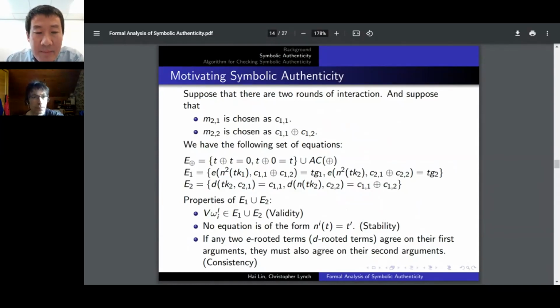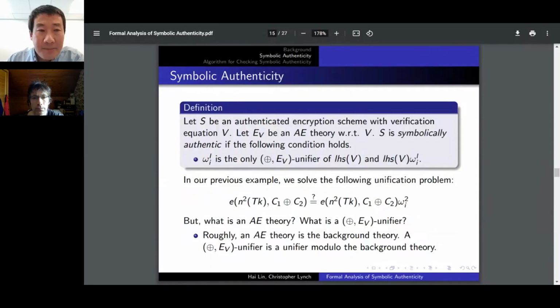And the consistency property says that if we have 2 E-rooted terms or D-rooted terms, if they agree on their first arguments, meaning that they agree on the tweaks, they must also agree on the second arguments, meaning that we can only process a single message using a single tweak. So that's the basic property of a tweakable block cipher.